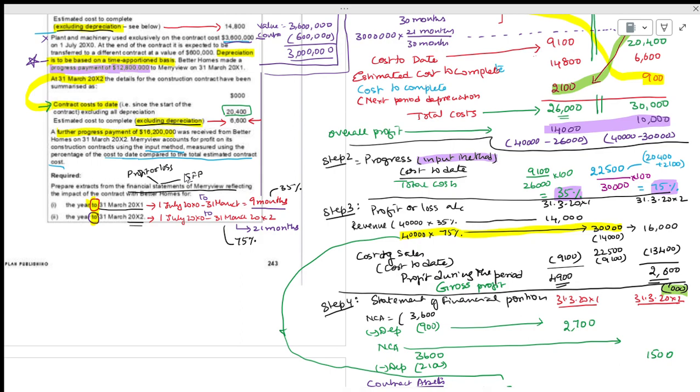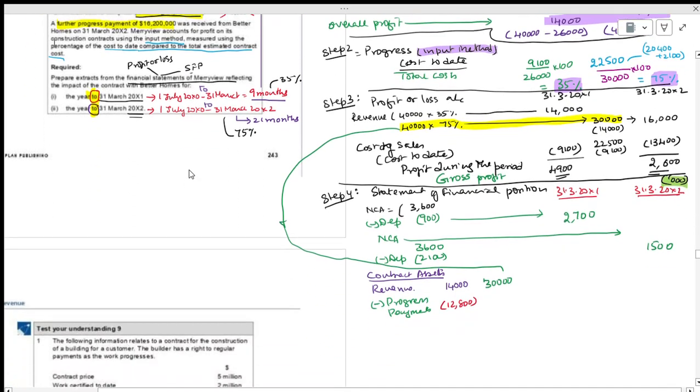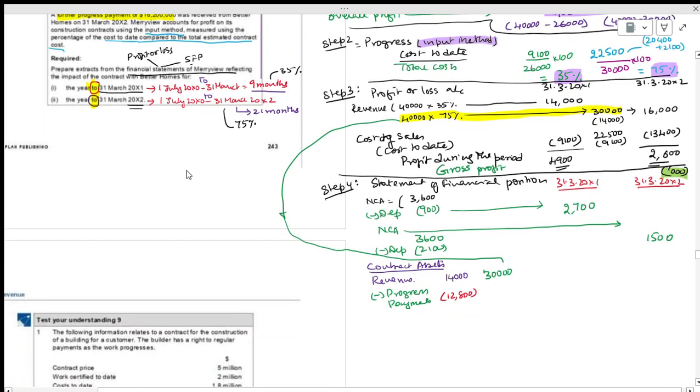How much have we received if that is the case? We have taken a total of 30,000. Is it right? Progress payment.